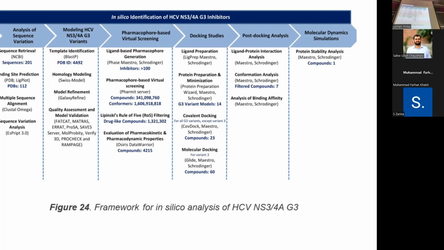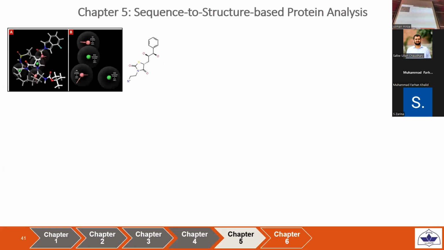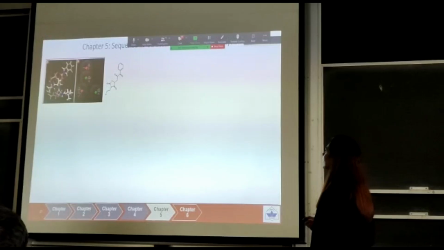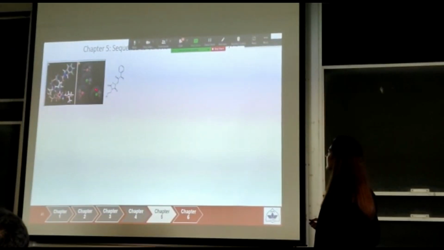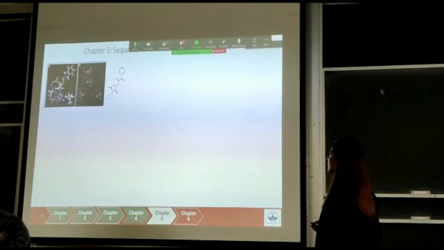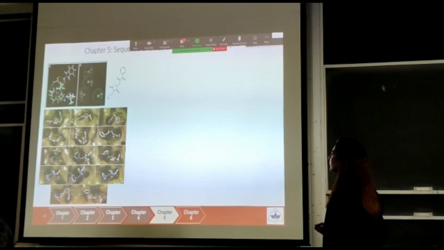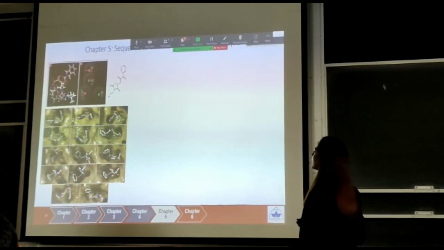Then these compounds were subjected to molecular dynamics simulations, and as a result, we identified only one compound that indicated good binding with the drug-resistant mutations. This figure represents the pharmacophoric features. This figure here is the molecular surface interaction diagram.